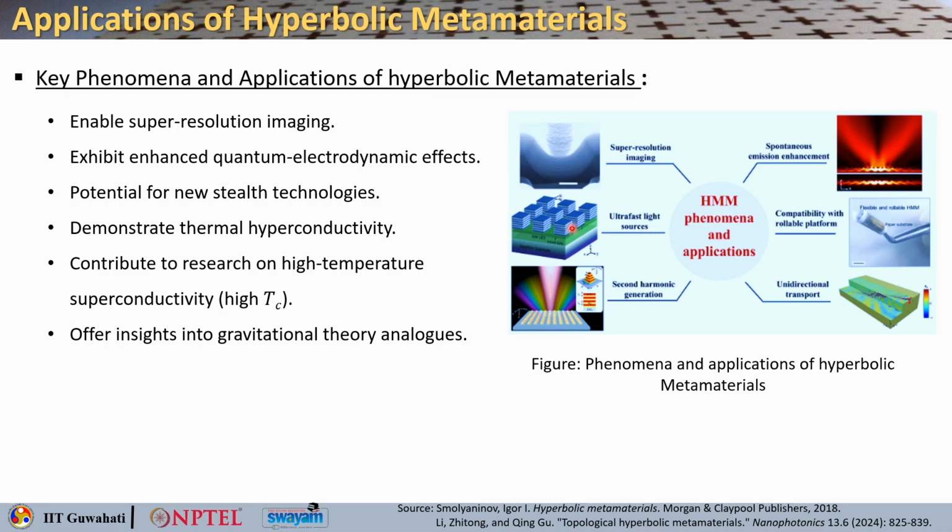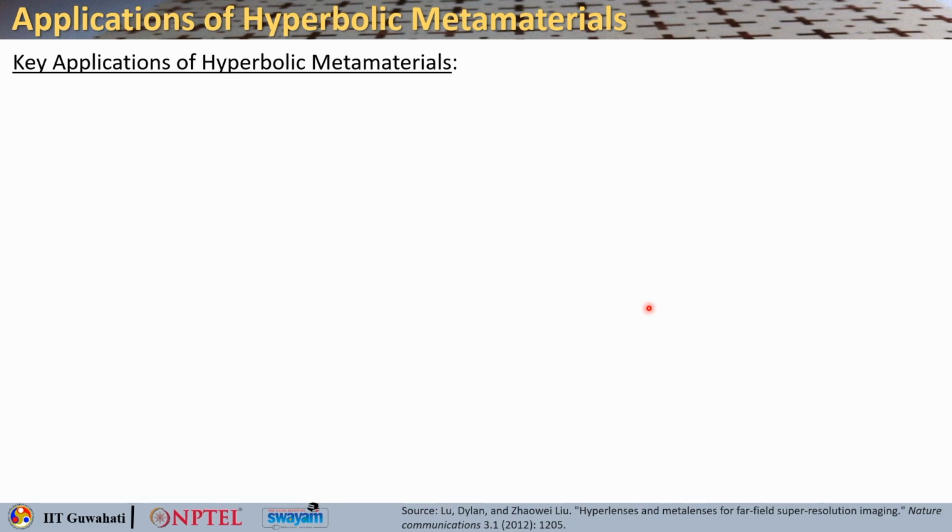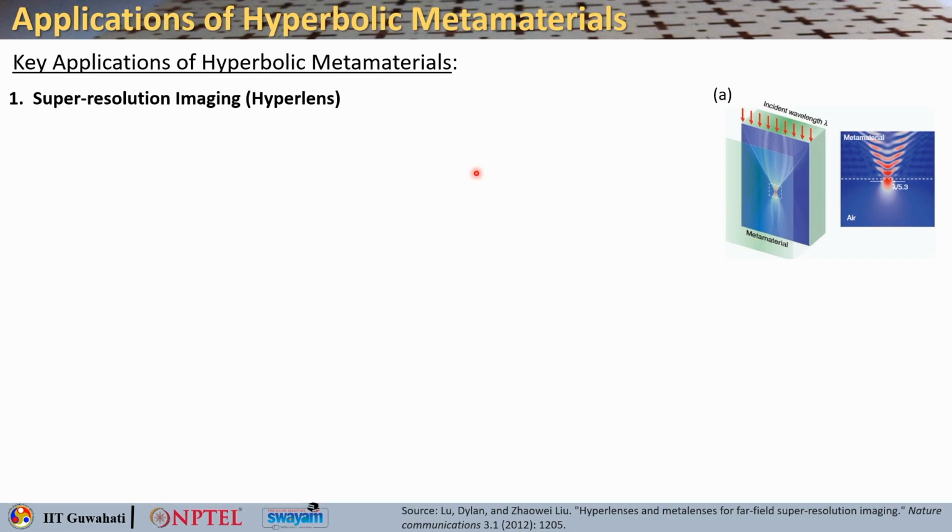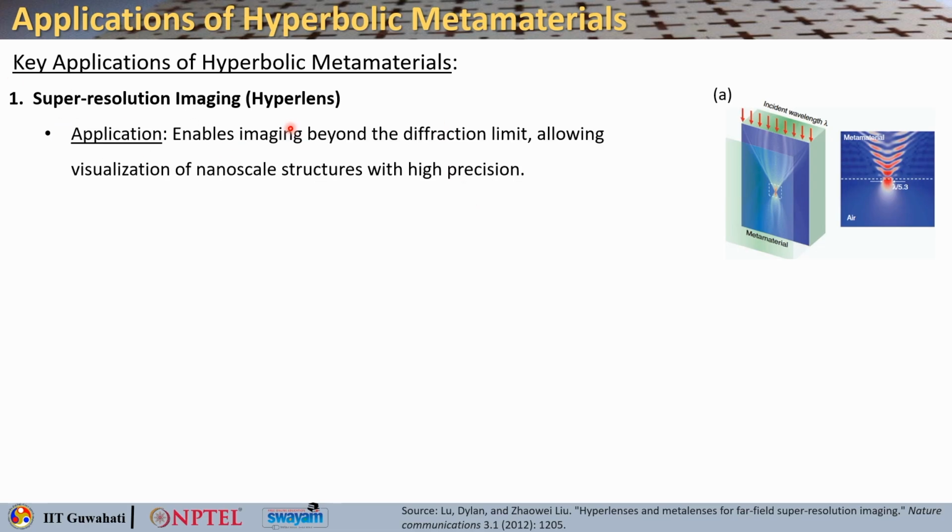You can see hyperbolic metamaterials used for unidirectional transport or second harmonic generation. So, here are some key applications for which hyperbolic metamaterials are very popular. First one is super resolution imaging or hyperlens.